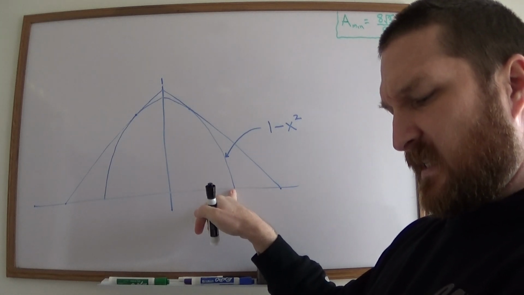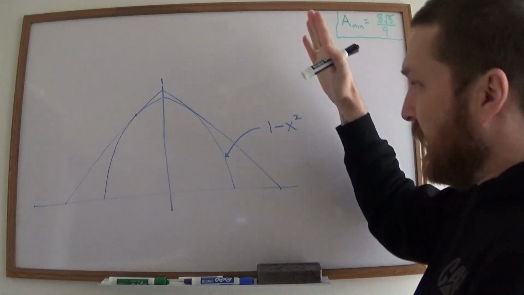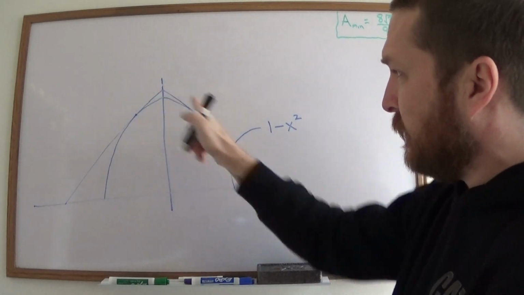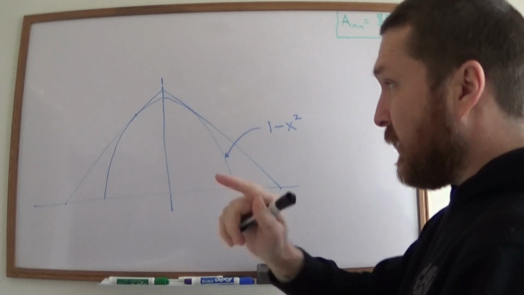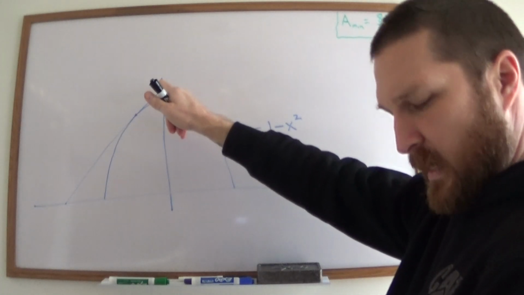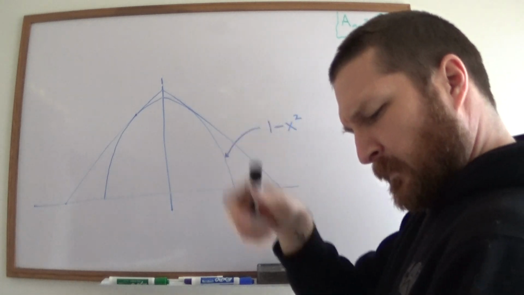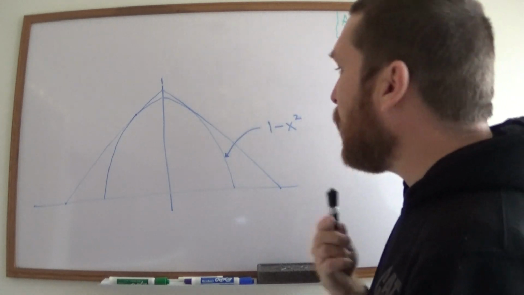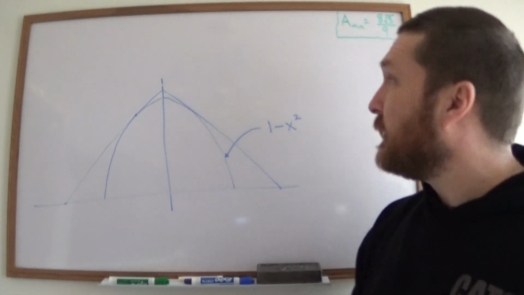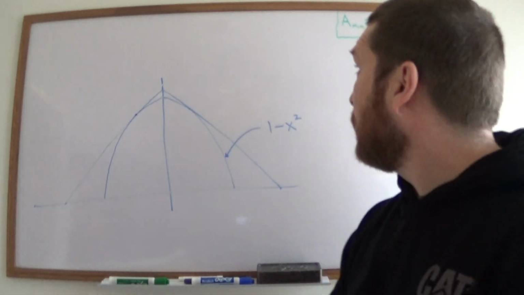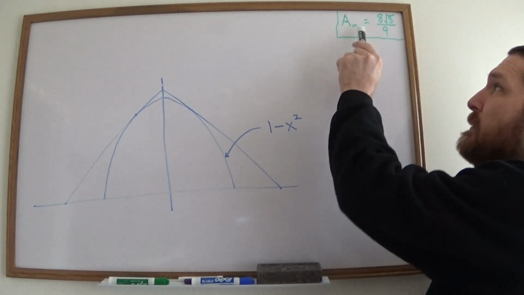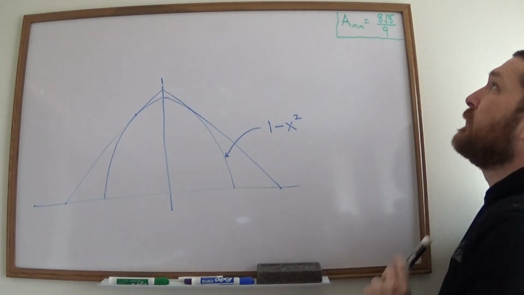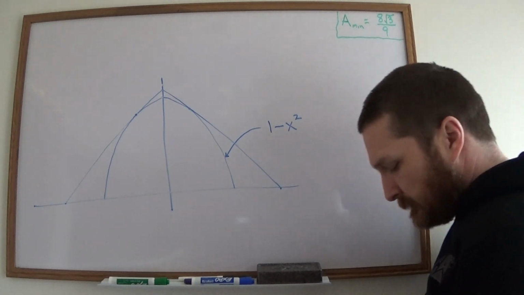This curve fits snugly inside an isosceles triangle with its base on the x-axis and one vertex on the y-axis. What is the smallest possible area of this triangle? The answer is that the minimum area, which I'm going to call A min here, is 8 times the square root of 3 over 9.